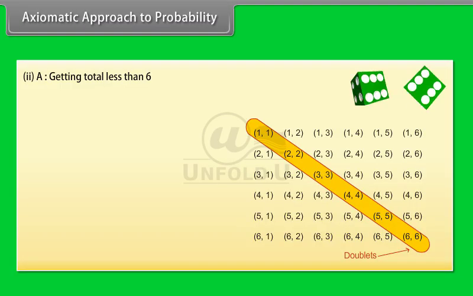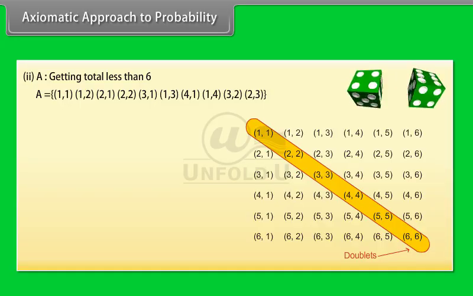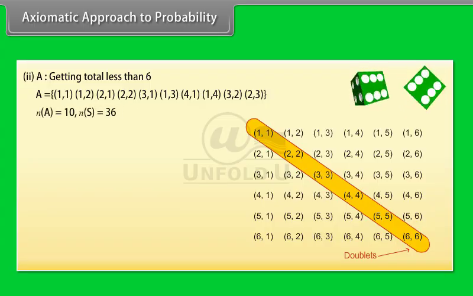2. A: getting total less than 6. A is equal to {(1,1), (1,2), (2,1), (2,2), (1,3), (3,1), (1,4), (4,1), (2,3), (3,2)}. n(A) is equal to 10. n(S) is equal to 36.